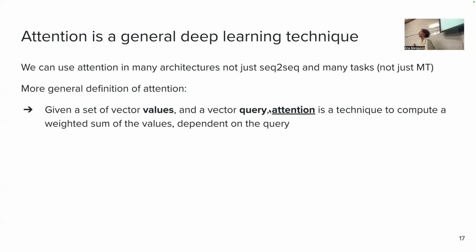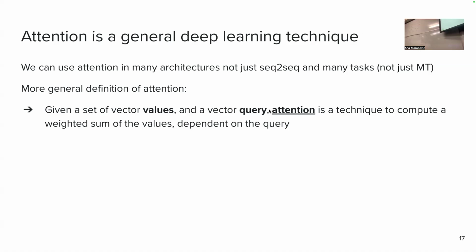So a more general definition of attention would be to say that you have a set of vector values, these are our source hidden representations, and you have some vector query. Your goal, and you use attention to do that, is to compute a weighted sum of the values dependent on the query.